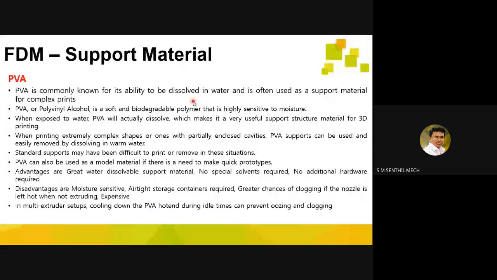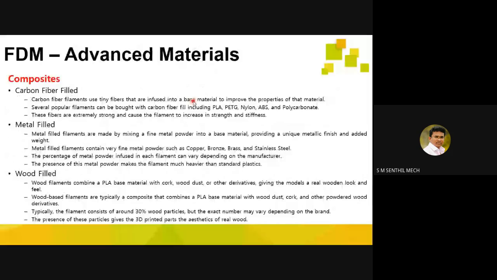Finally, we touched upon the composites. Here the composites are polymers filled with carbon, metal, and wood. Actually, these won't look like the actual composites; only the finishing will be like carbon fiber finish, metal finish, and wooden finish, whereas their properties will be similar to that of polymers, that is PLA.